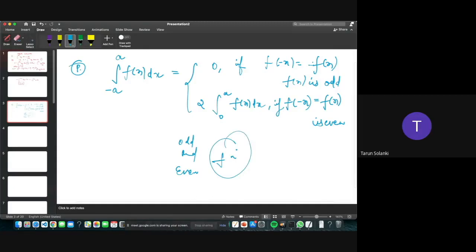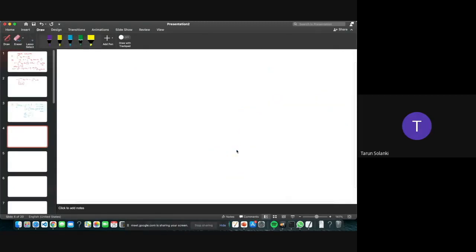Now let us see how the graph will work. The graph of an even function is symmetric about the y-axis. That is, the curve on the left of the y-axis is exactly identical to the curve on the right side. So we know that the integral from 0 to a of f of x dx is equal to the integral from minus a to 0 of f of x dx. In case of an odd function, the curve is symmetric in the opposite quadrants.